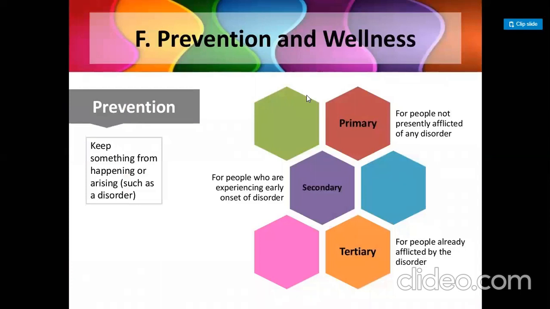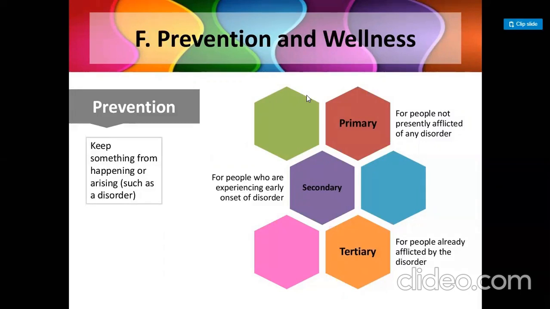Another type of guidance service is prevention and wellness. What is prevention? Keep something from happening or arising, such as a disorder. Primary, secondary, tertiary. Primary is for people not presently afflicted with any disorder. Secondary are people who are experiencing early onset of disorder. Tertiary are for people already afflicted by the disorder.